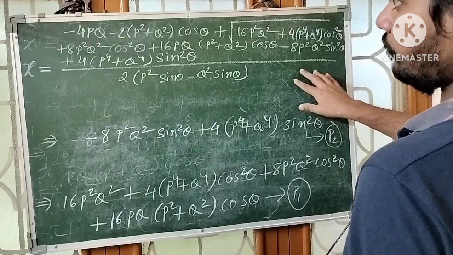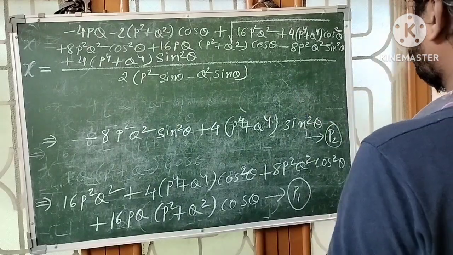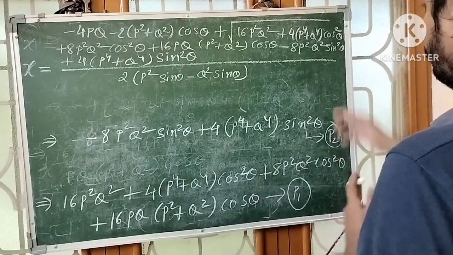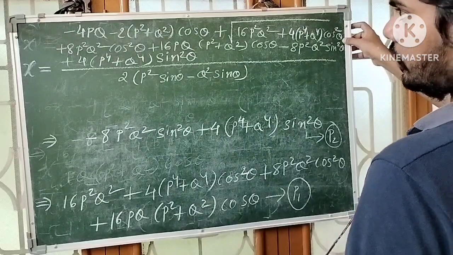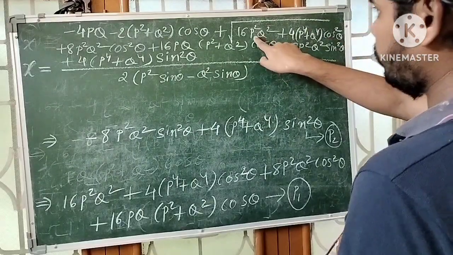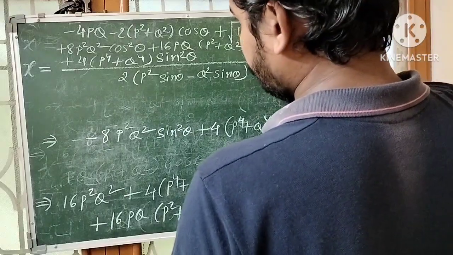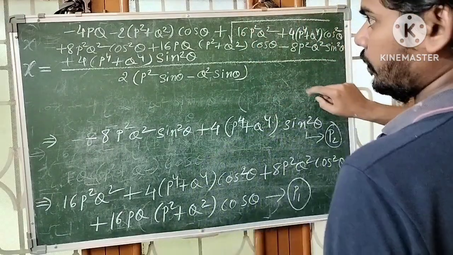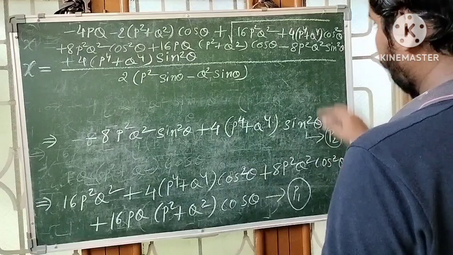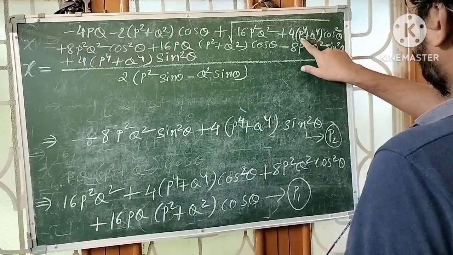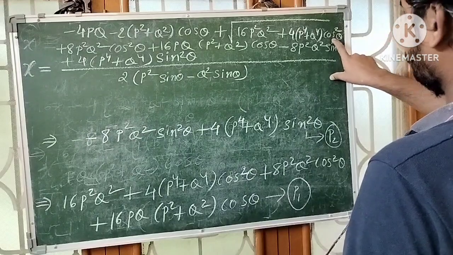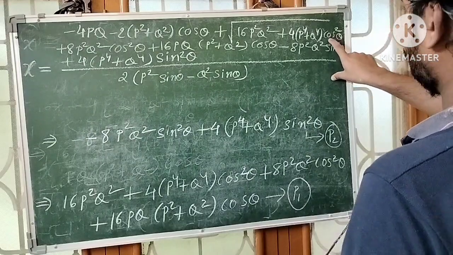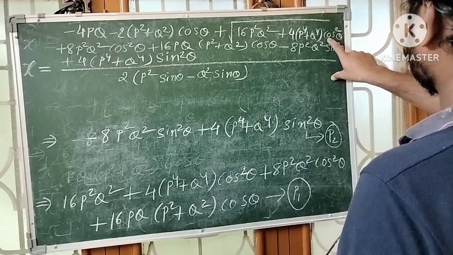So just identify the like terms. Is there any like term? 16 p square q square. Any p square q square term? No. Next, 4 into (p power 4 plus q power 4) cos square theta.